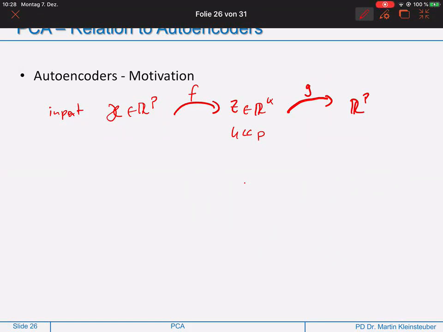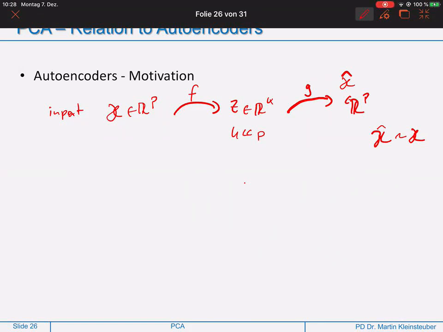The outcome, call it x hat, should be approximately distributed the same way as x.